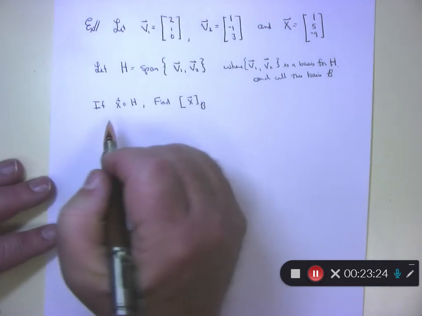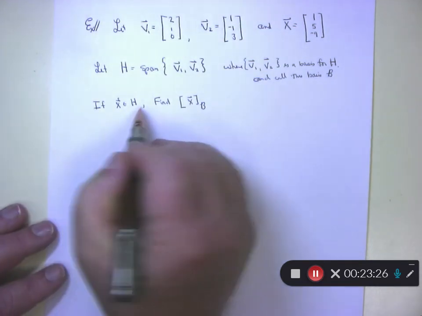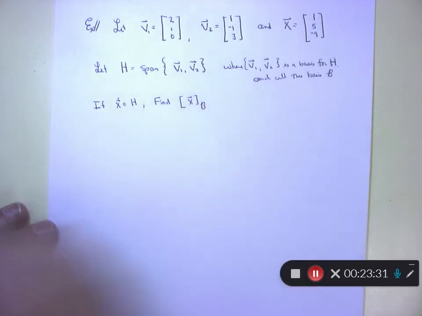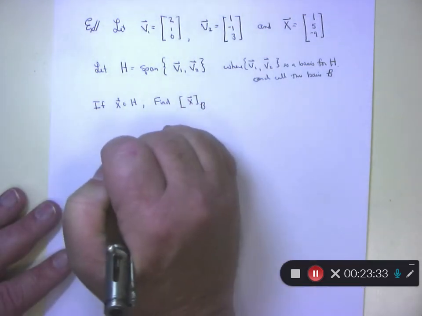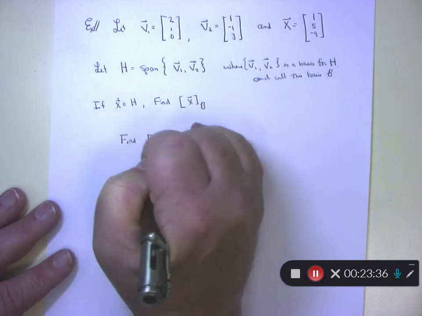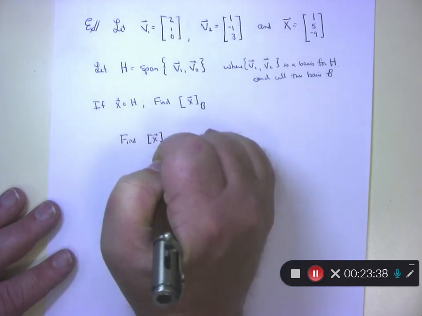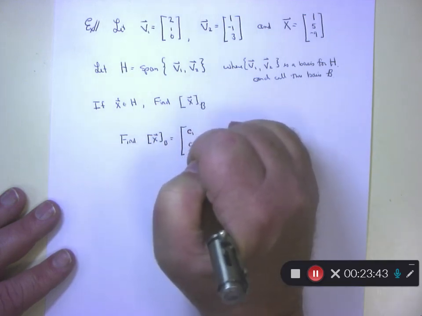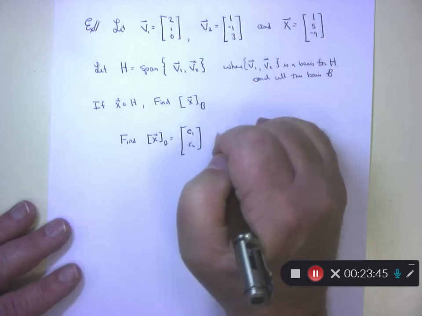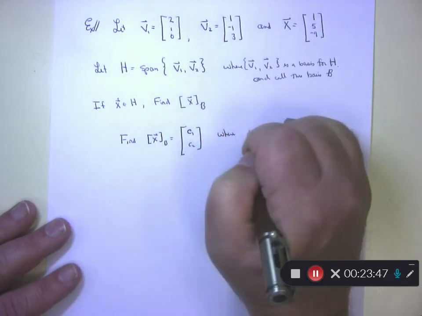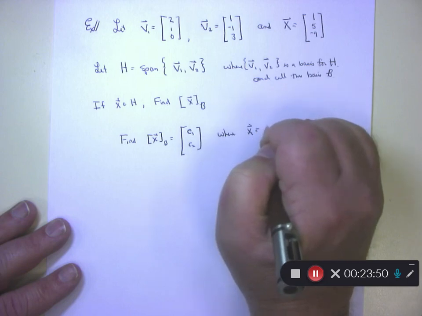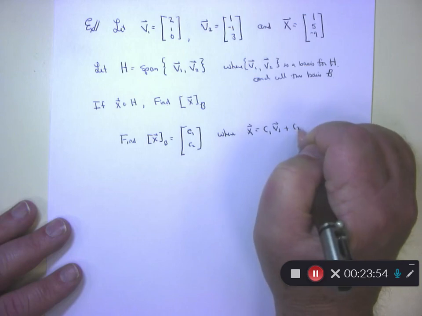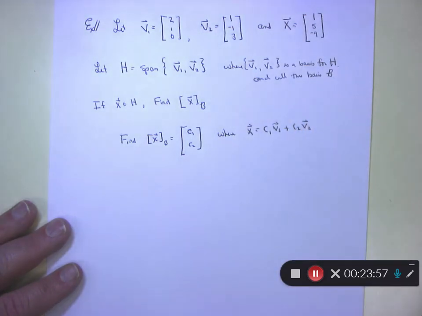So, if X is an element of H, we're supposed to find the X vector relative to basis B. And remember, we're supposed to find the X vector relative to basis B, which would be (C1, C2), where X is equal to C1 times vector V1 plus C2 times vector V2.